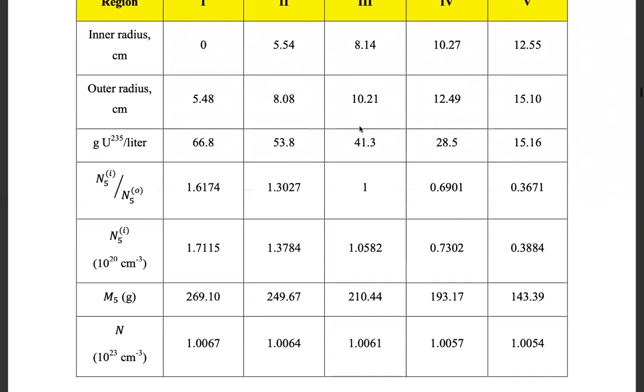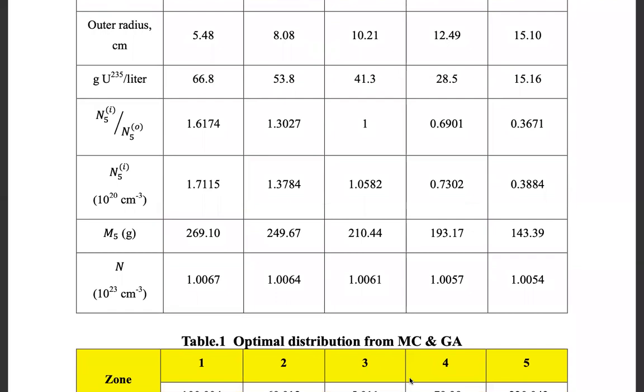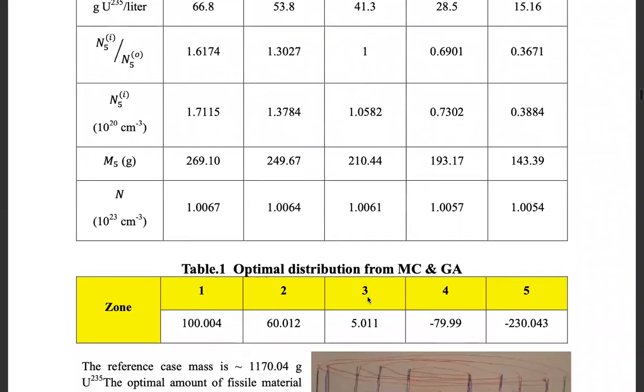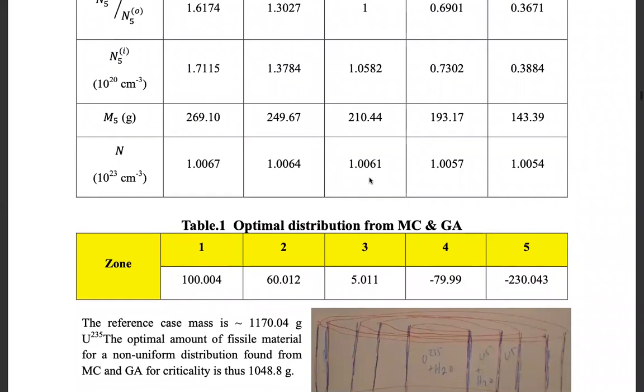Here the masses that you see are that you've got more inside. So inside you've got 269 grams, outside you've got 143 grams. So now the number density that you have over here is about equal.